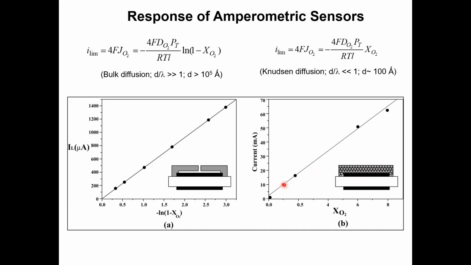From a device like that, if you plot the limiting current again versus the mole fraction of oxygen, it will give you a linear correlation. Again, the idea is that you measure the limiting current and you can figure out the oxygen content. So this device is a good one.